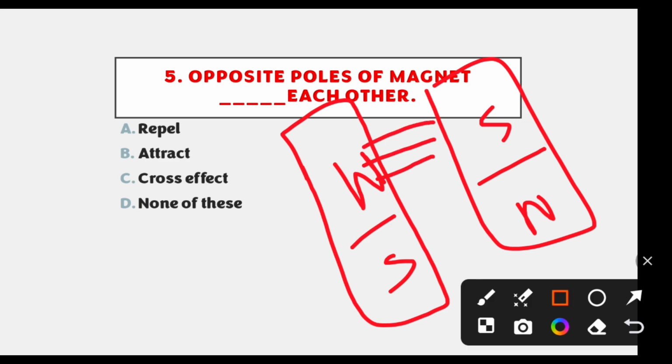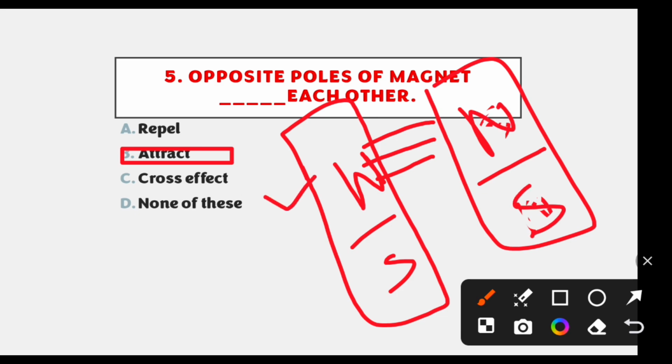Okay, so here the correct option is option B. And suppose that this one is the north pole like this and this is the south pole. So if we bring these two magnets close, these two magnets will repel each other. So same poles of magnets repel each other while opposite poles of magnets attract each other.